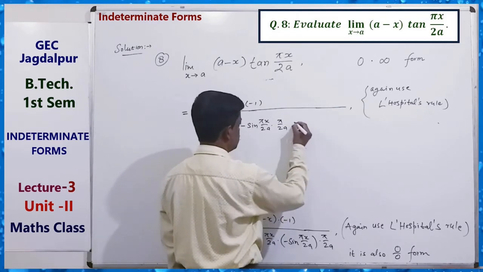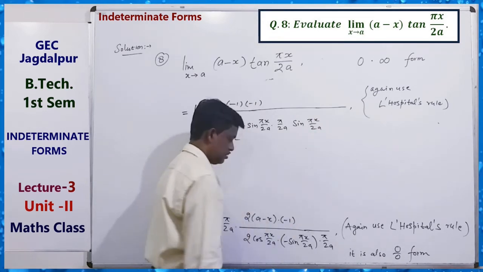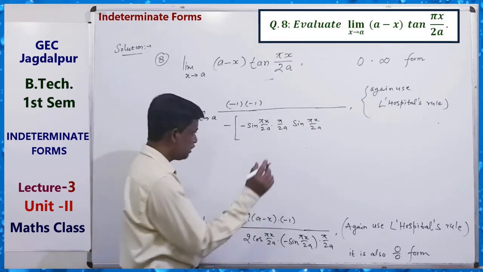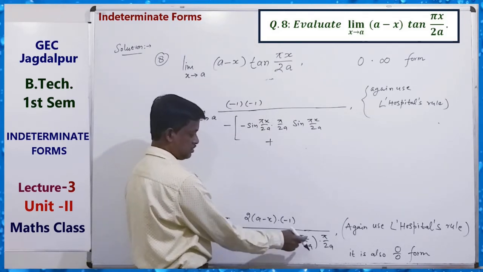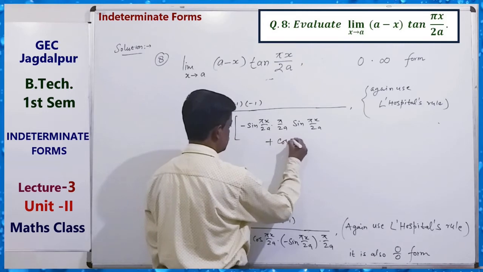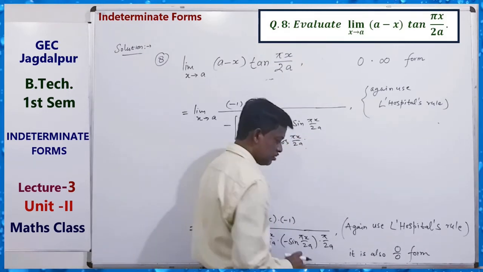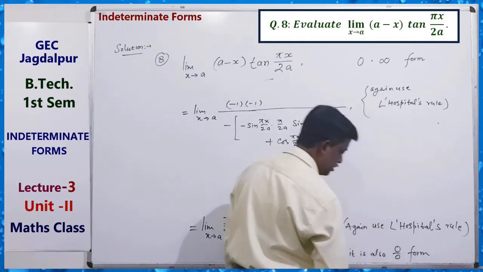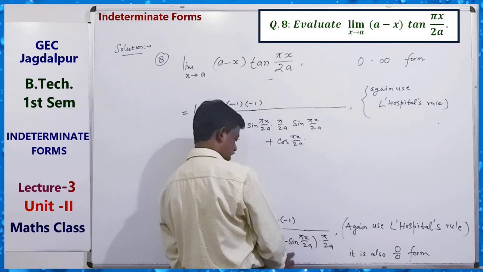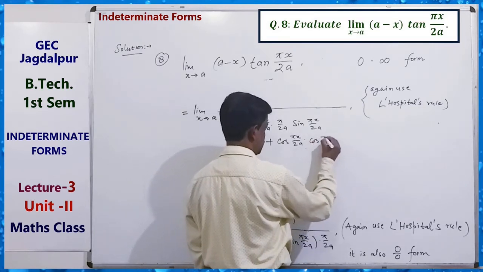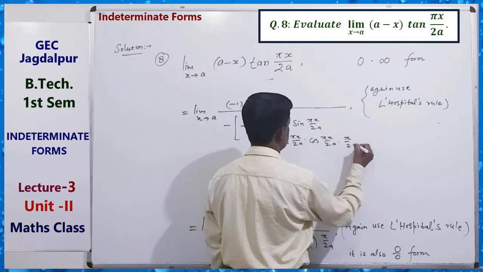So, sin pi x by 2a. Clear? Plus sign. Its differentiation: cos pi x by 2a into cos pi x by 2a into differentiation of sine, that is cos pi x by 2a into pi by 2a.